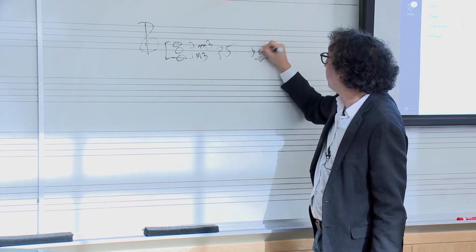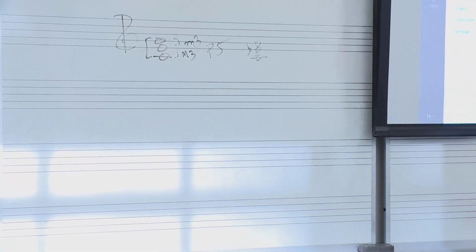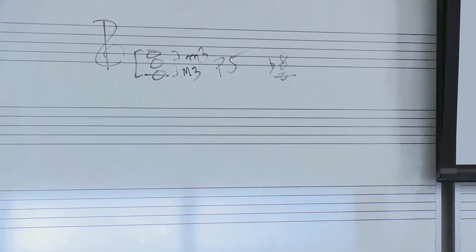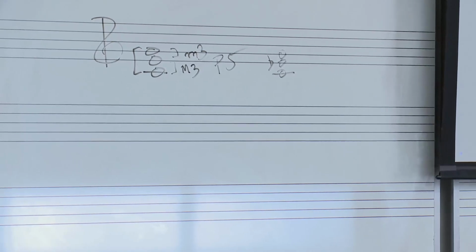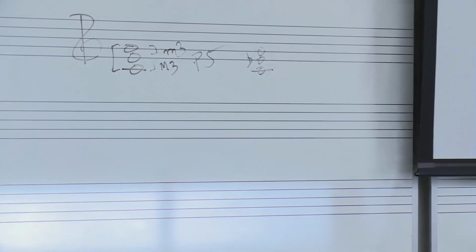And here we have minor, major, perfect fifth, major triad, minor triad. In most cases, chords that have the same interval content can be transposed or inverted to make each other.